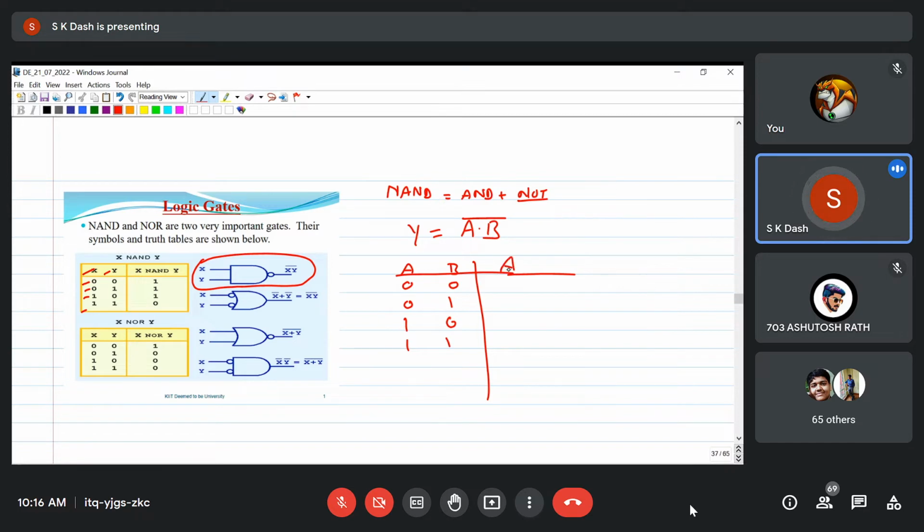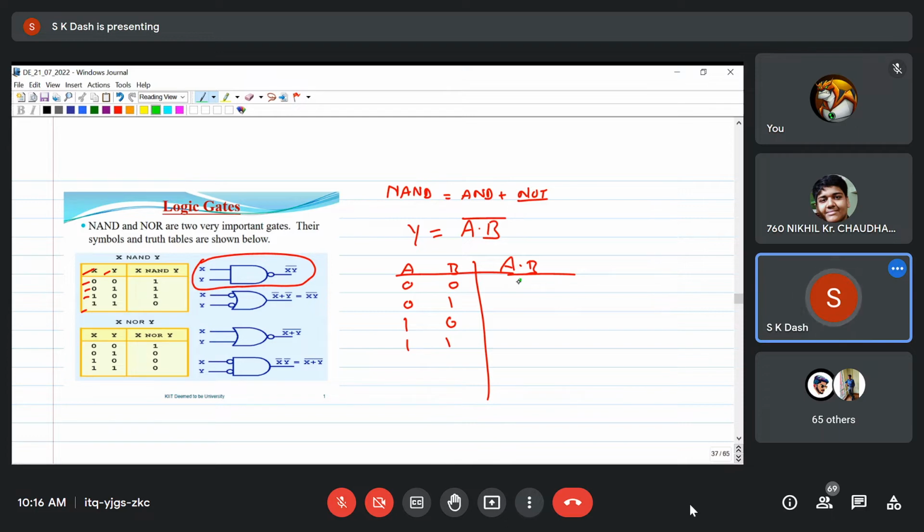Let us first find out A dot B. What will be A dot B? First combination 0. Next combination 0. Next 1 dot 0, there is a 0, so 0. Last is 1. Next, A dot B whole bar means this one's complement.